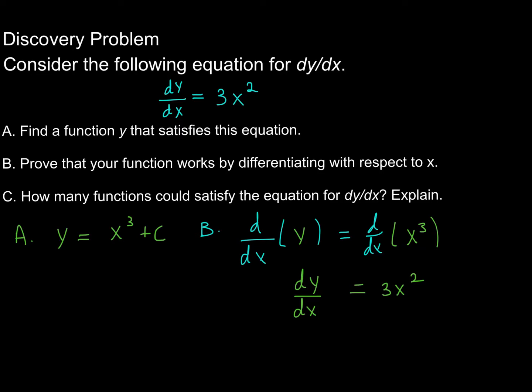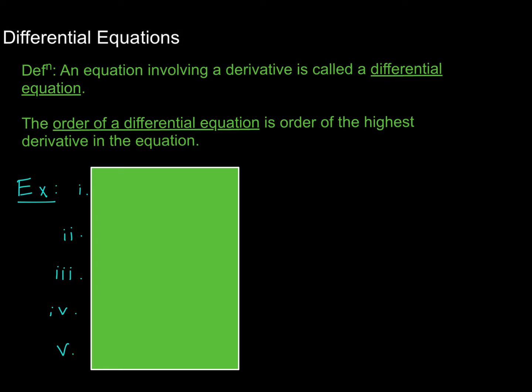So let's go ahead and define these clearly and then try out a couple of problems. And so here is that definition. An equation involving a derivative is called a differential equation. And you can think about for a second why that is. A derivative is made up of two differentials, right? dy over dx, the differential of y over the differential of x.